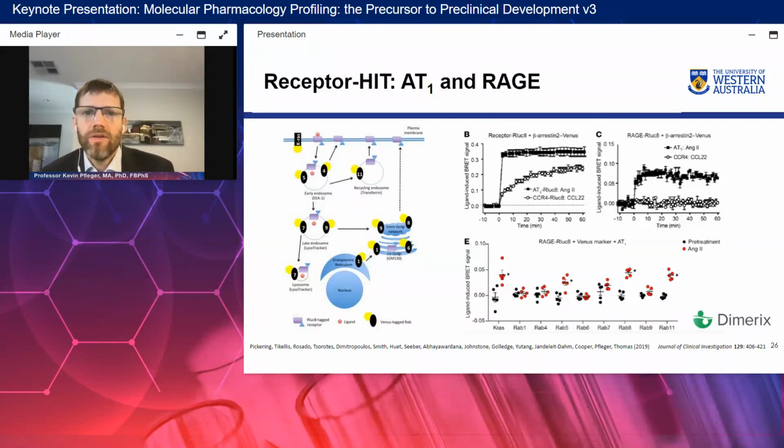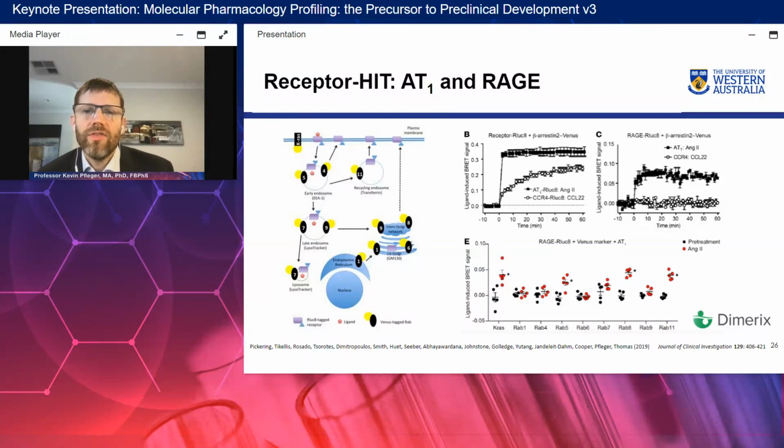Now, you could be forgiven for wondering why that would be, particularly as you can see here that the RAB5 signal goes up, so the KRAS is translocating into the RAB5 compartment, which is the early endosome. It's also going through the RAB11 compartment, which is the recycling endosome. So we are seeing internalization from the membrane, but interestingly, we are also seeing forward trafficking because you can see the RAB8 proximity increasing.